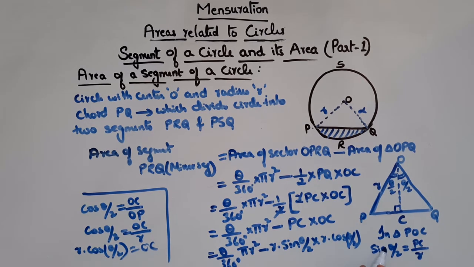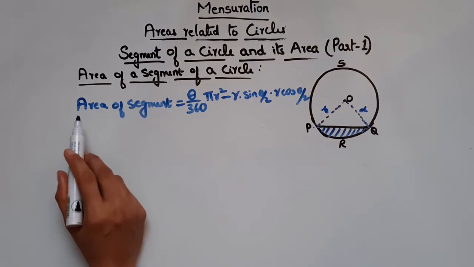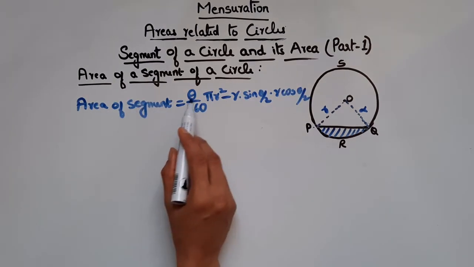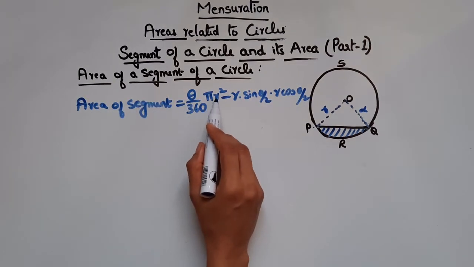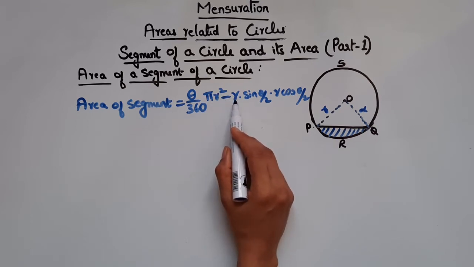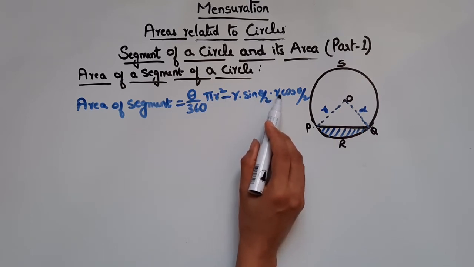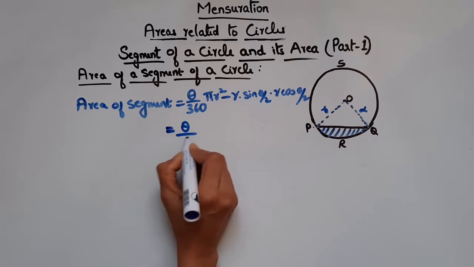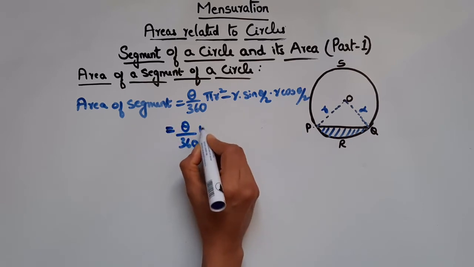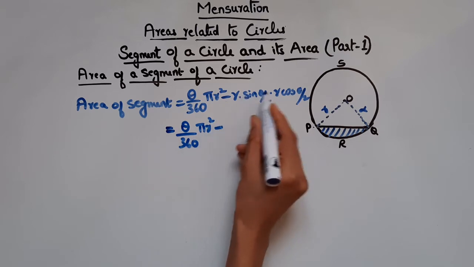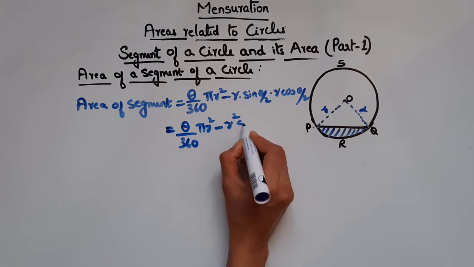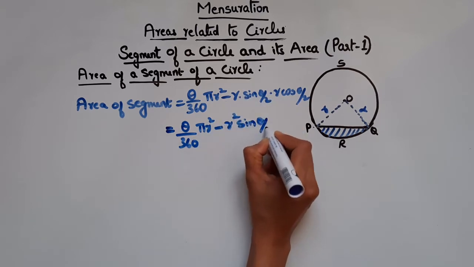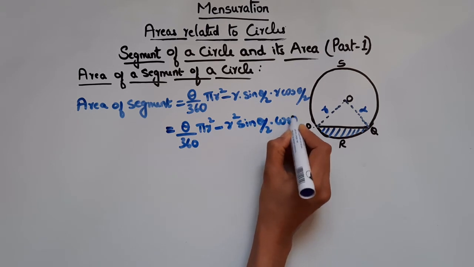So I am running out of space. We will continue this, but before that, pause the video and note this down. So we have seen area of the segment is equal to theta by 360 degree into pi r square minus R into sine theta by 2 into R cos theta by 2, which is equal to theta by 360 degree into pi r square minus R into R is R square sine theta by 2 into cos theta by 2.